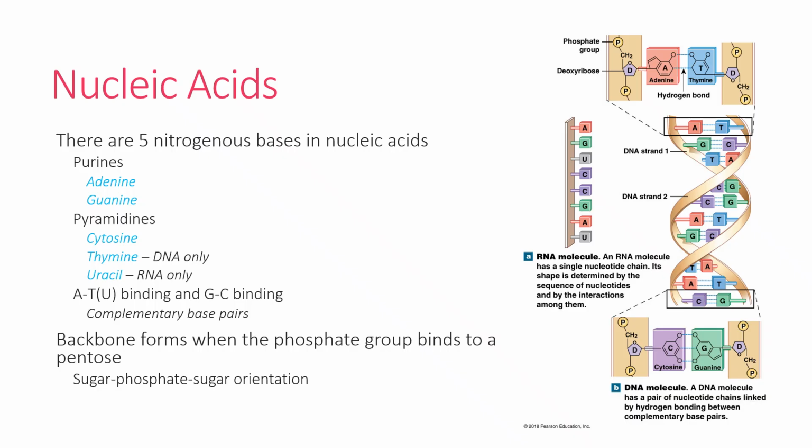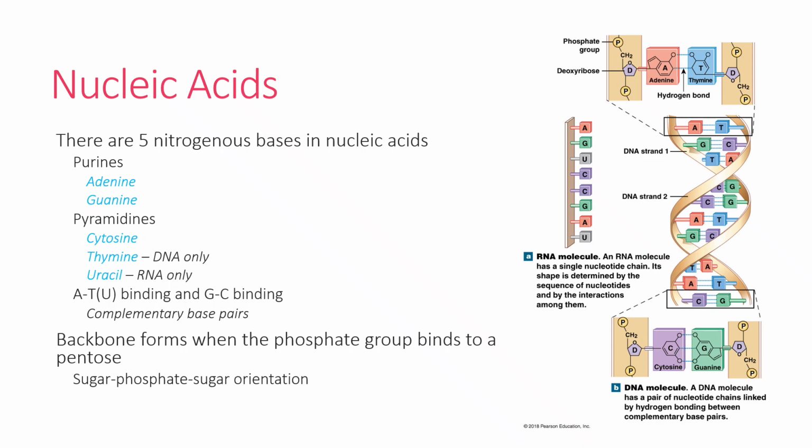Okay, now the backbone. I'm just going to focus on DNA here. We always look at DNA like a ladder, and the rungs of the ladder are going to be our nitrogenous bases. So here's the rungs. We have adenine binding with thymine because A always binds with T. So that would be the rung of our ladder.